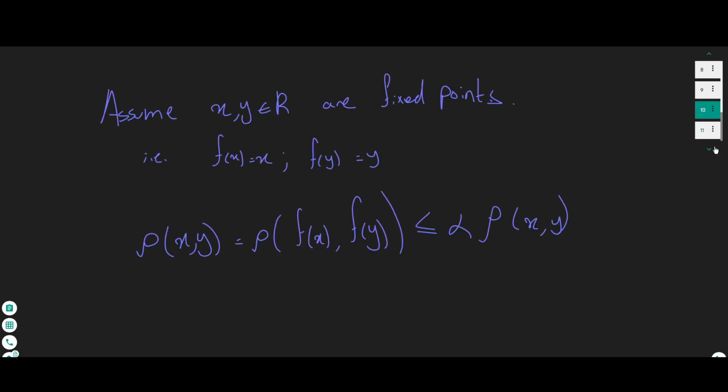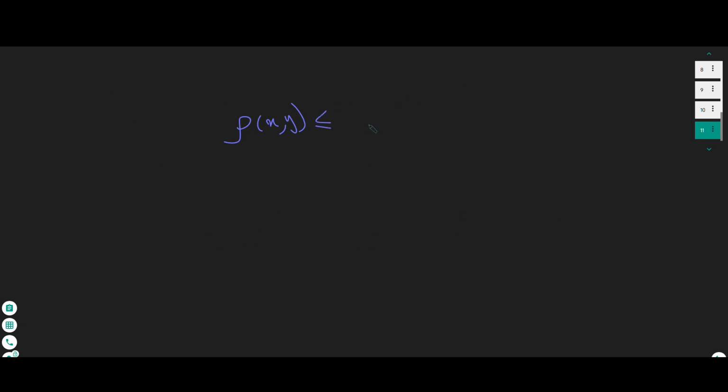We can say that rho of xy is less or equal to alpha times rho of xy. Okay? Let's put everything on one side. Subtract this from both sides, and we can take rho xy as a common factor. And what we'll have left in the parentheses is 1 minus alpha. And this is less or equal to 0 now.